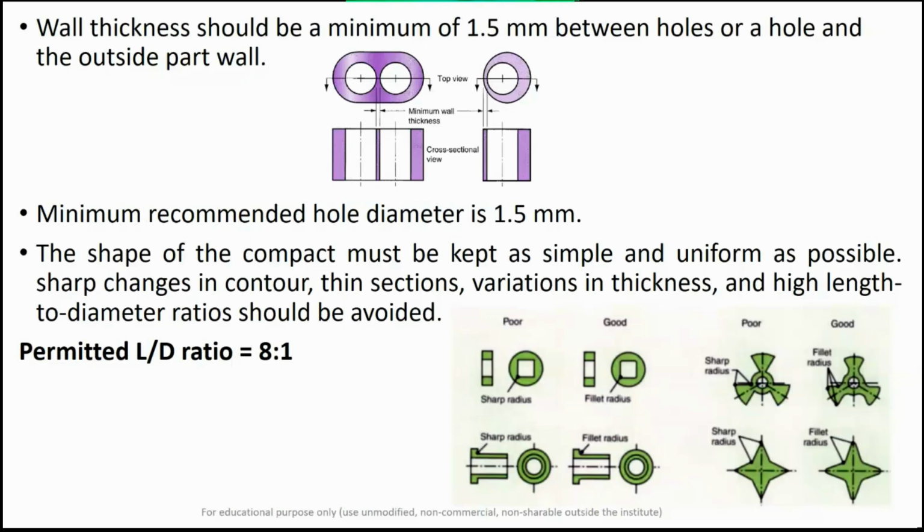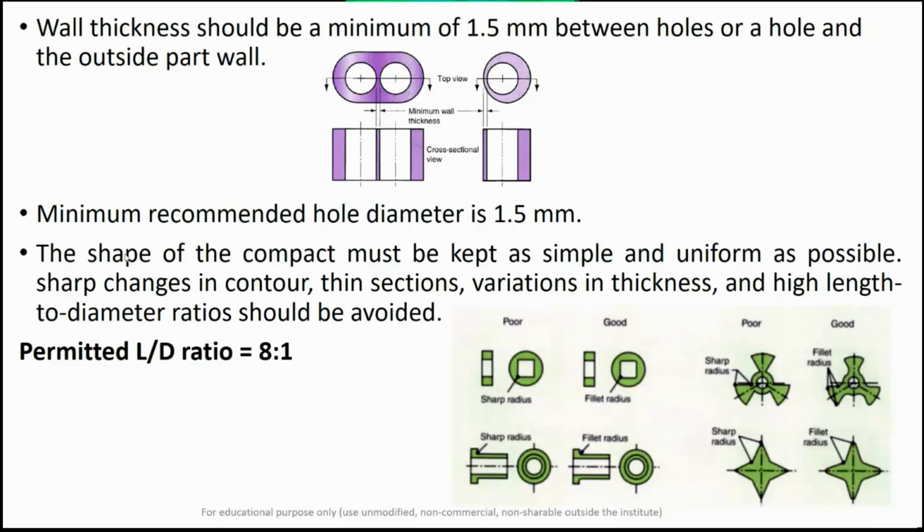Otherwise, if you try to manufacture it, you will not get the required hole concentricity, and there will be a distortion in the hole during the sintering process. So this is about the wall thickness and the hole diameter.